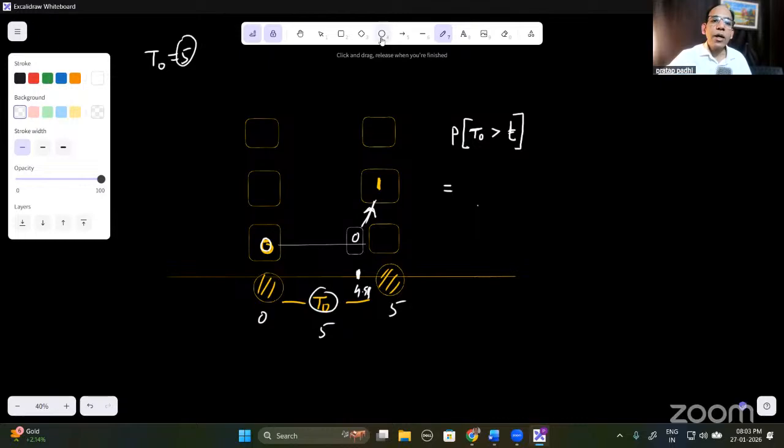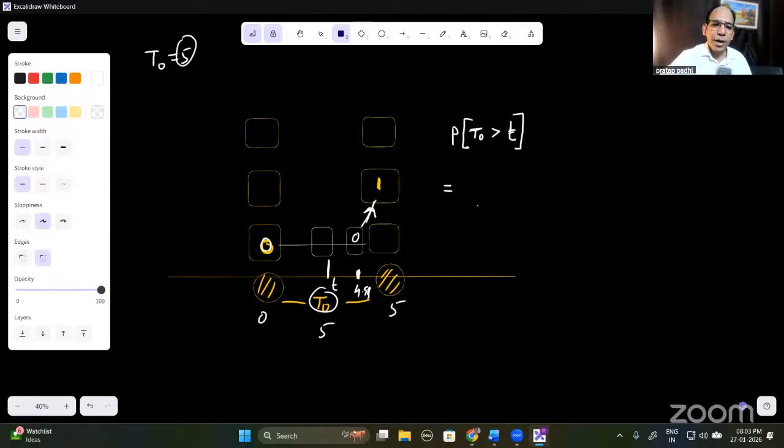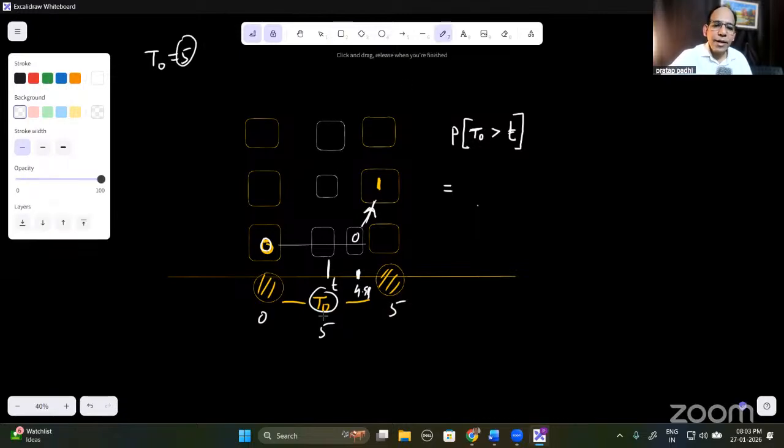That means T could be any time here. Because I already said that T0 is the waiting time, T0 is a notation to get the first claim from 0 to claim. That means the first claim has not come by time T, because T0 is greater than T. This is not small t, this whole is capital T naught.